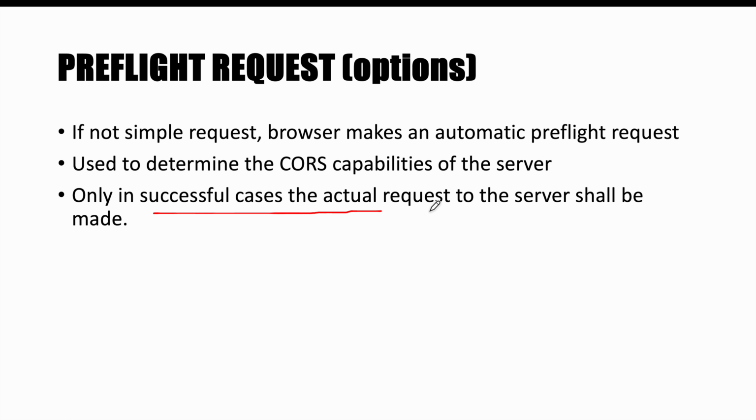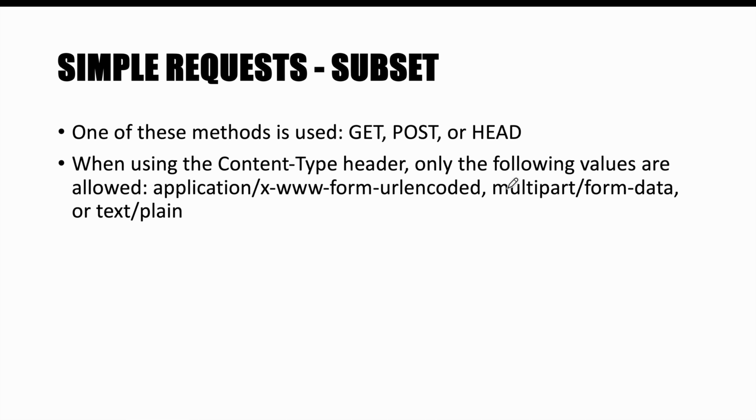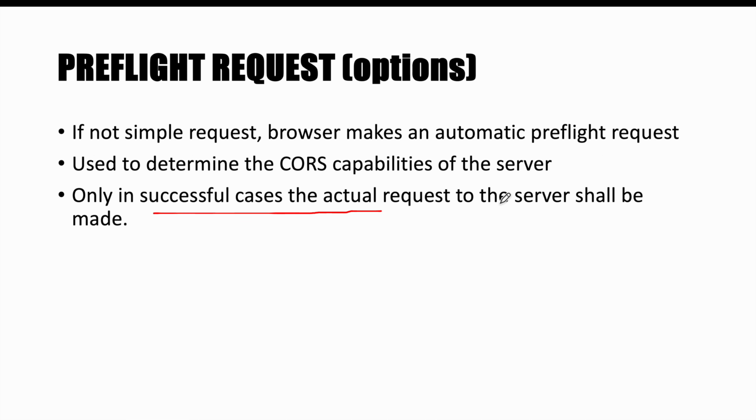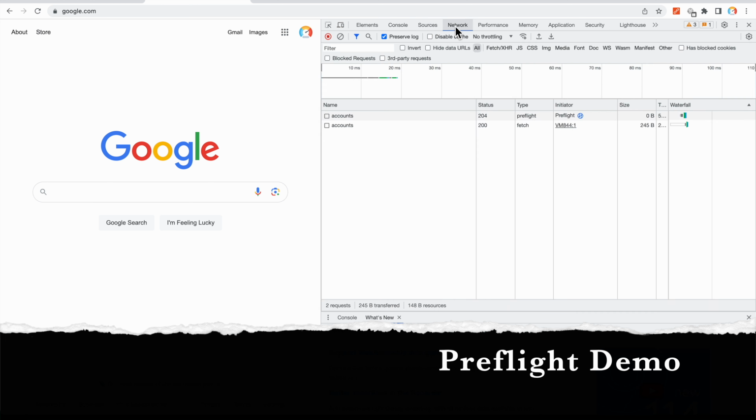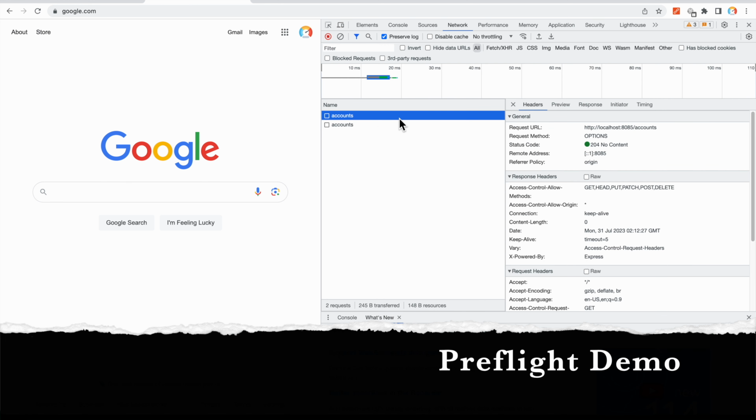The previous one which I showed you was also a pre-flight. And why was it a pre-flight, why was it not a simple request? Because it was serving a JSON resource. If it's a JSON resource, a pre-flight request would be sent with the options header. So I'm going to fetch the resource, and because it is a JSON type of resource, if I go to the network tab, I'll see a pre-flight request.